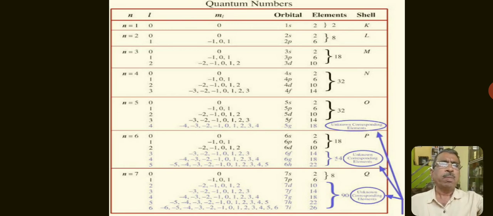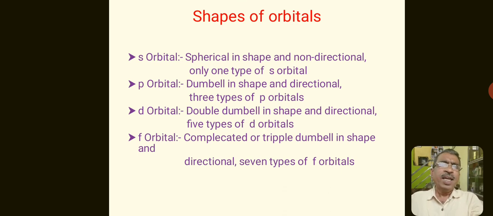Here I have given the shapes of the orbitals. S orbital is spherical in shape and non-directional. Only one type of S orbital is possible. P orbital is dumbbell in shape and it has directional property. There are three types of p orbitals, that is px, py and pz. D orbitals are double dumbbell in shape.